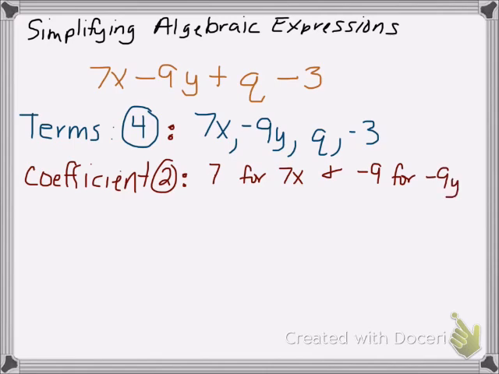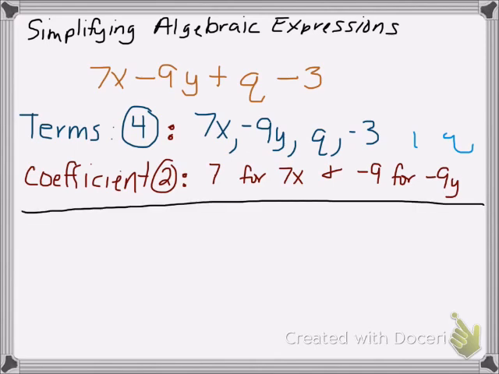But we could also say 1 is the leading coefficient of q, because there is a 1 up there. So in case you wanted to say that, that's another one right there.